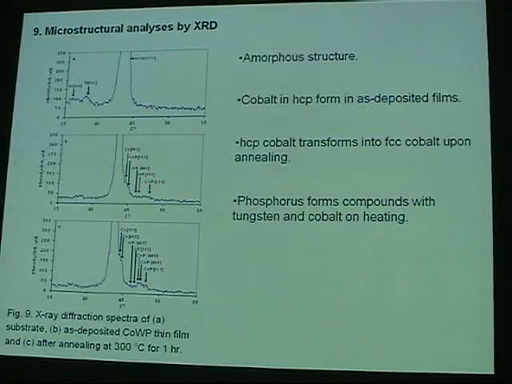After annealing at 300 degrees centigrade for 1 hour, the main thing is we got some more intermetallic compound, which formed due to the activation by heating. Another interesting thing is that this hexagonal cobalt transformed to cubic FCC cobalt after annealing.